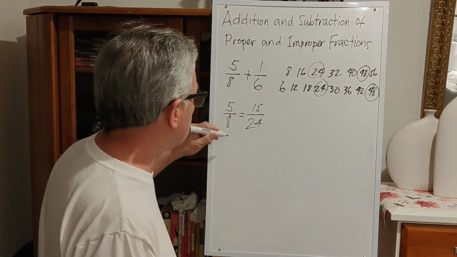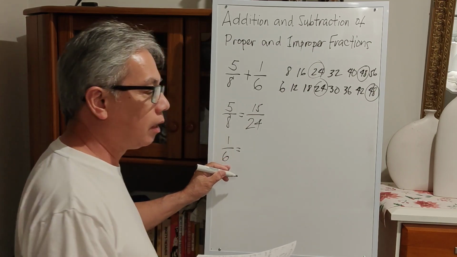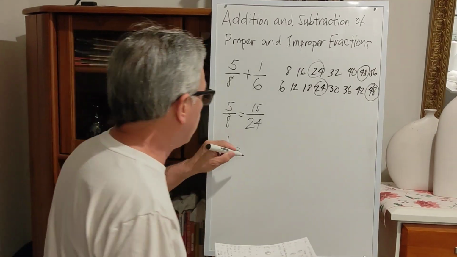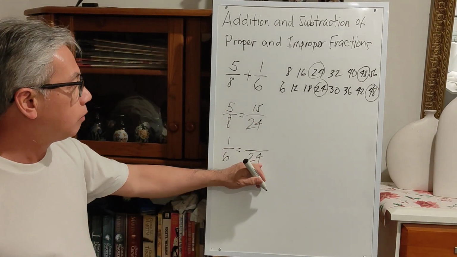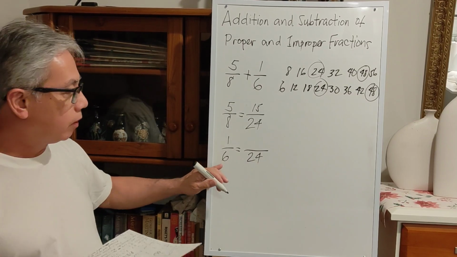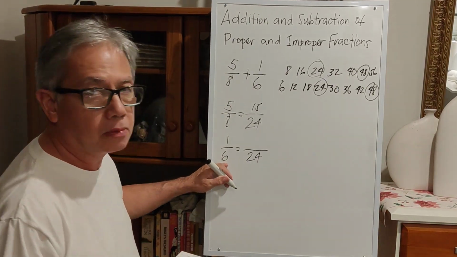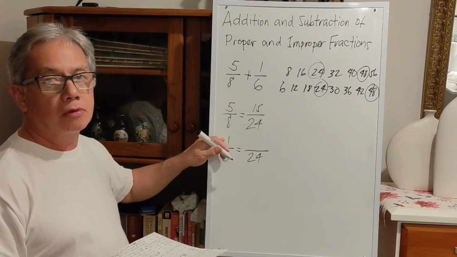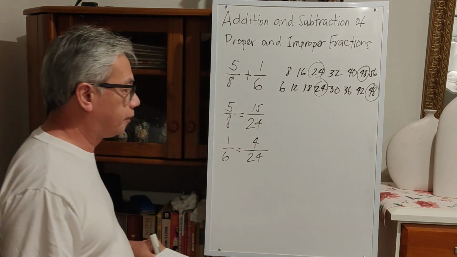Now this 1/6, we want to make the denominator 24 as well. For it to become 24, 6 is multiplied by 4. So if we multiply the bottom by 4, we have to multiply the top by 4 as well. So this becomes 4.